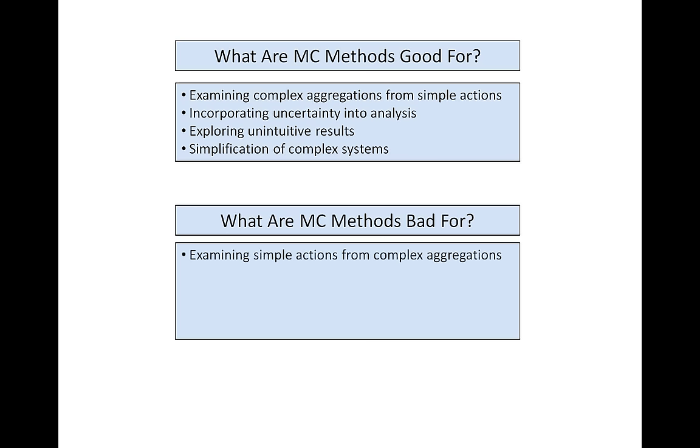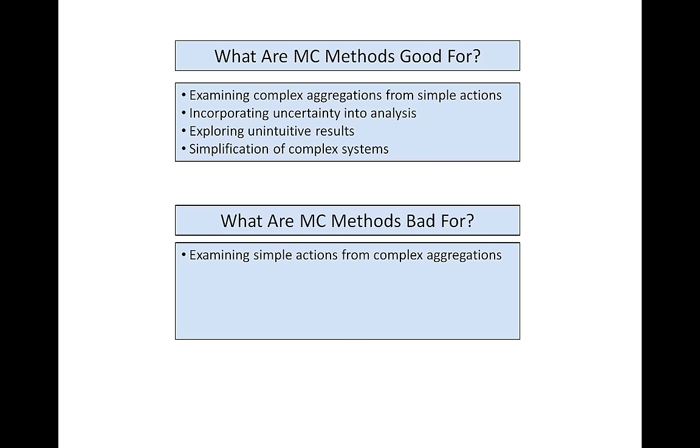What I mean by this is, let's say that we have a complex result. A very good example, going back to the human body, is a person is sick. Well, we have this aggregation which says a person is sick. However, to examine the simple actions, that is to infer why that person is sick, we have all these different potential causes, and they can often interact with each other, and it's almost an intractable thing.